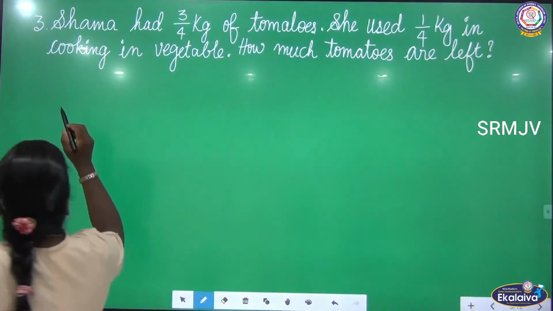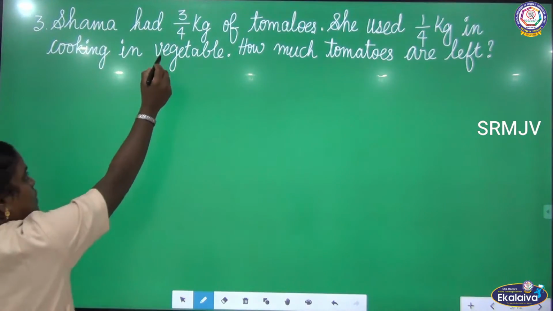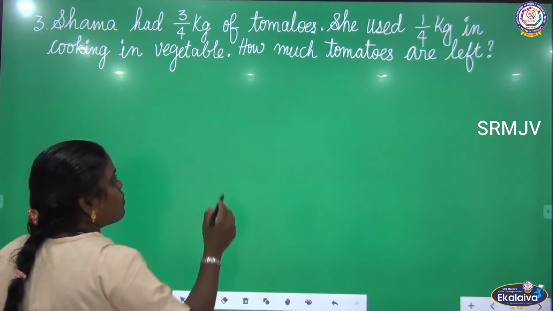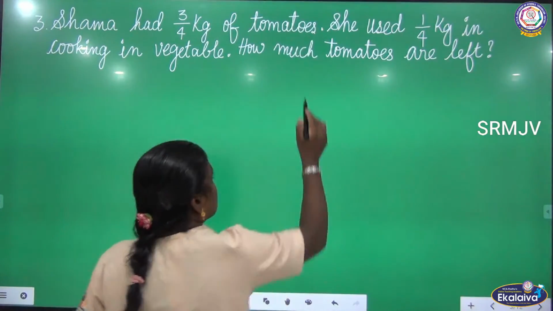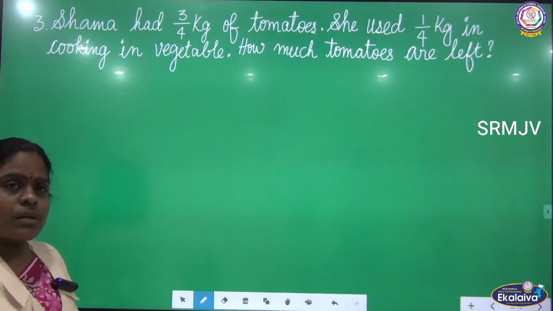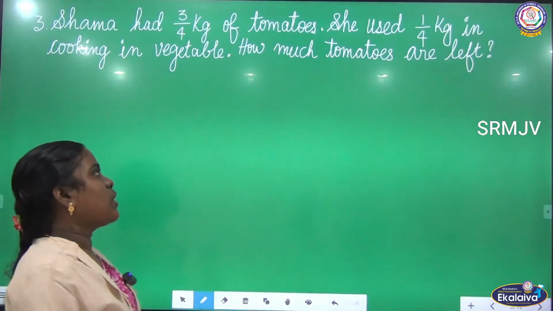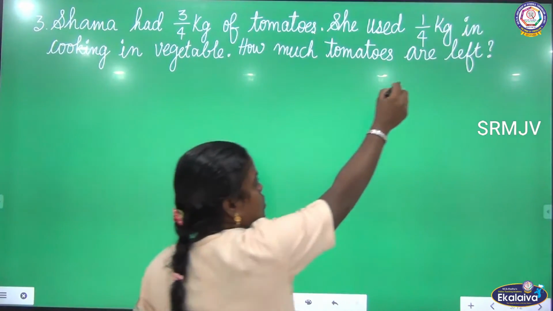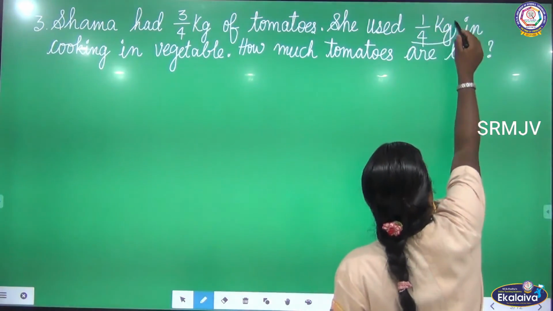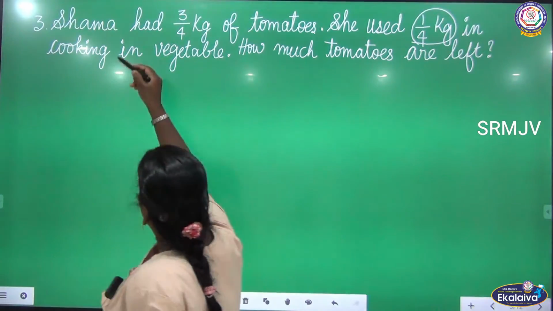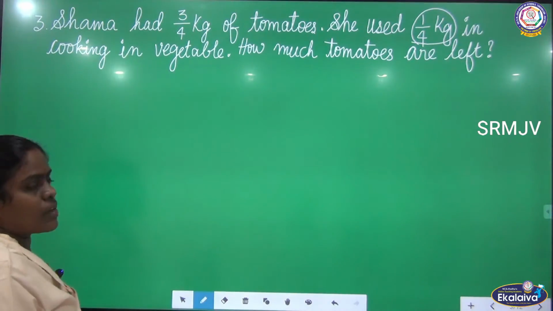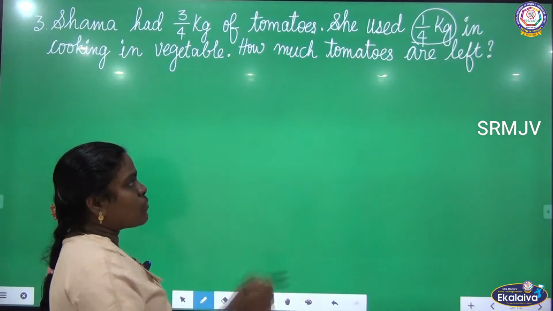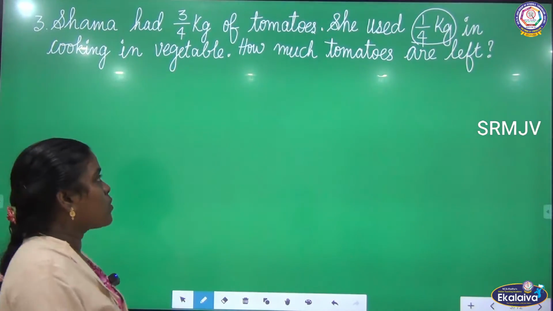It is a word problem. Shama had 3 by 4 kilogram of tomatoes. So she had 3 by 4 kilogram of tomatoes and she used 1 by 4 kilogram in cooking in vegetable. So when she cooked, she used 1 by 4 kilogram of tomatoes.